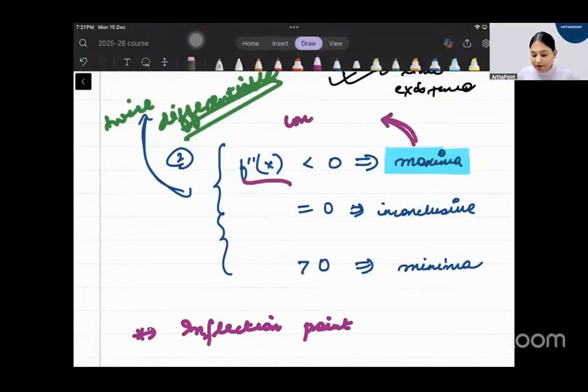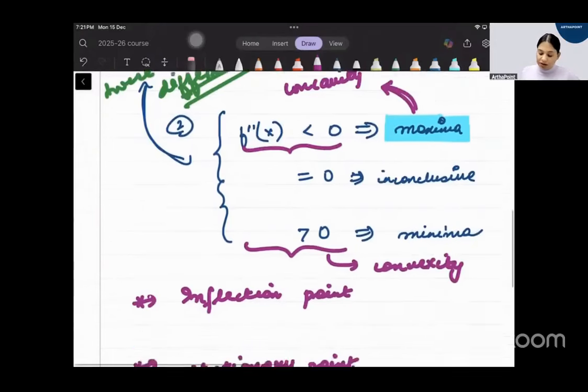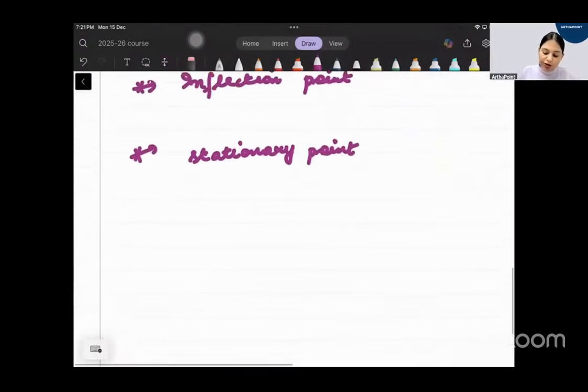Double order derivative negative माने concavity. And double order derivative positive माने convexity. ठीक है?